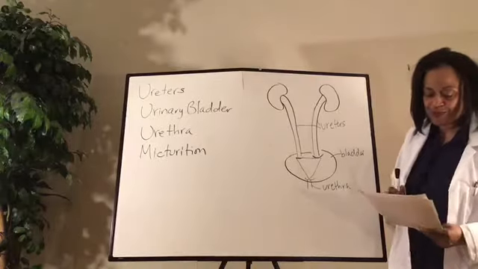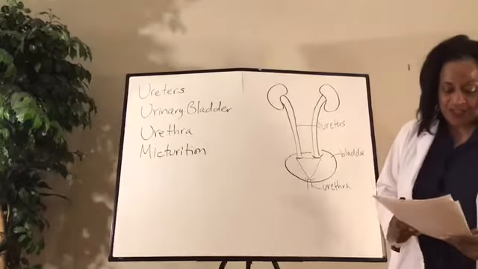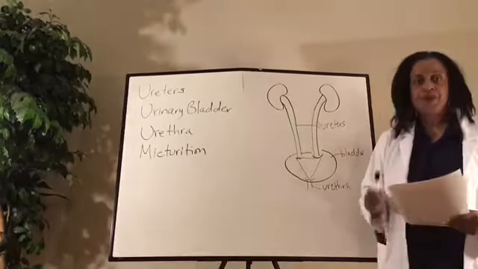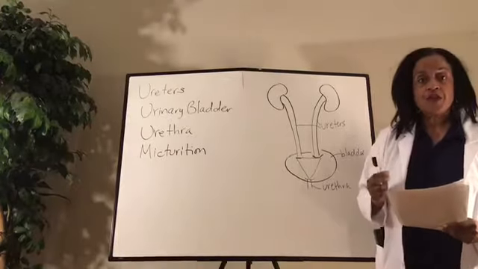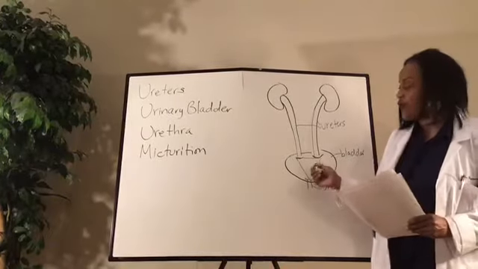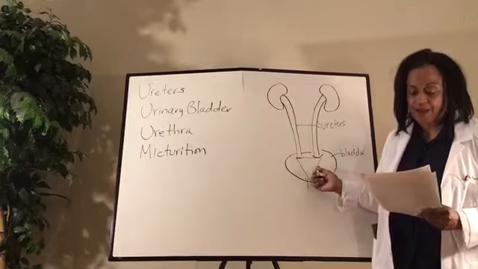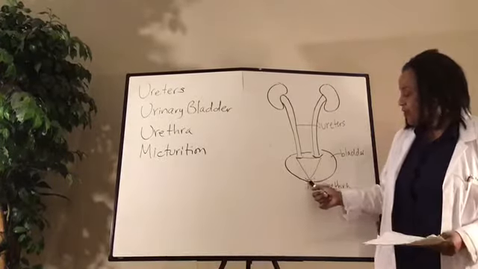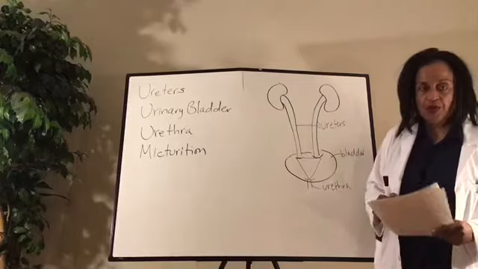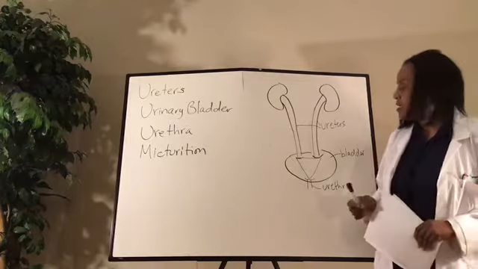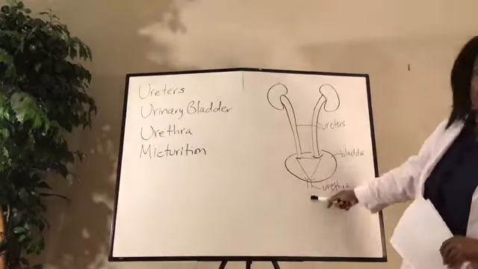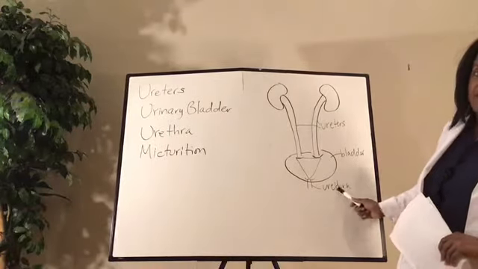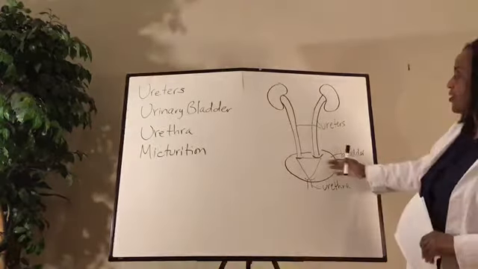That's a little short urethra. Two major functions of the urinary bladder. One is to serve as a reservoir for urine before it exits the body. And two, it's aided by the urethra to expel urine from the body. So it holds urine and it can expel urine, aided by the urethra to get the urine out.